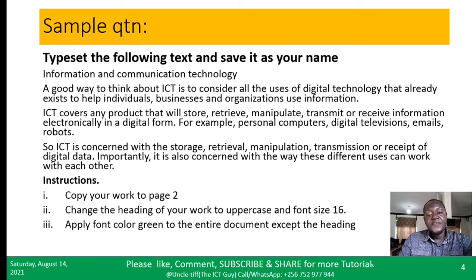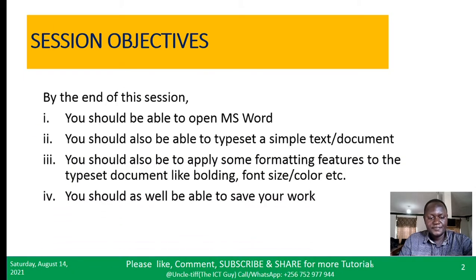Now let us try to revisit our objectives. These are our objectives. That means that we are now going to move on to the practical aspect of the session. If we read the first objective, they are telling us to open MS Word.